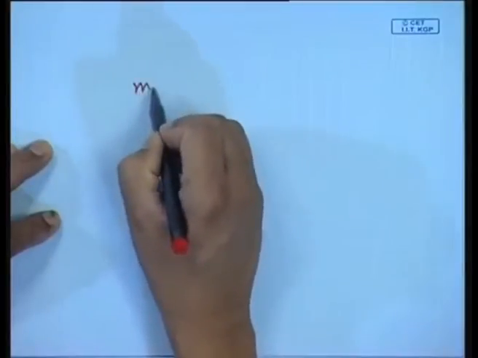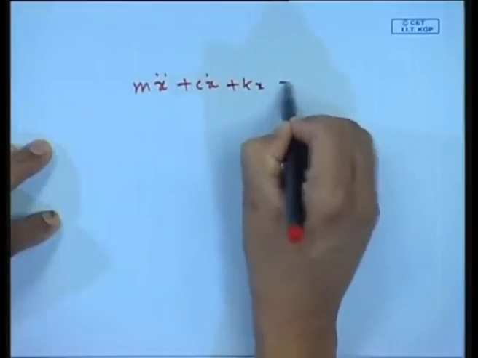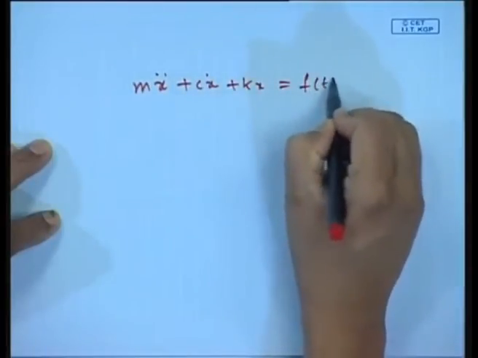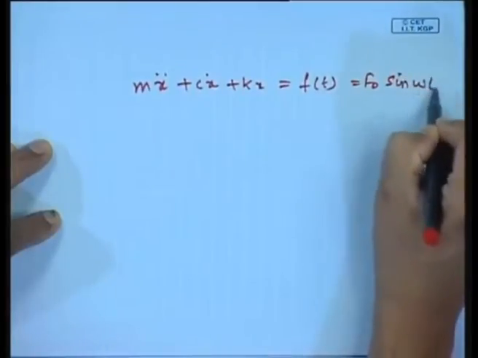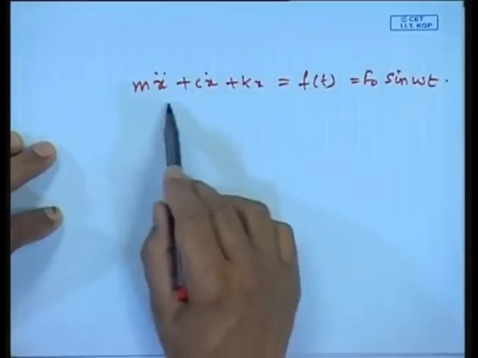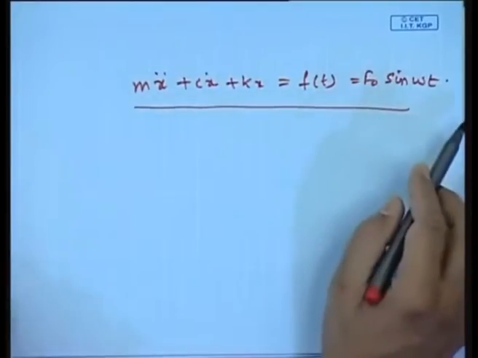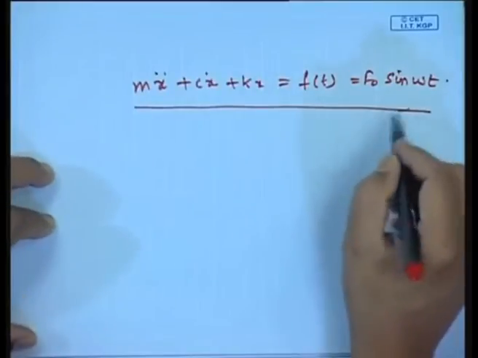So, this equation of motion is actually a second order differential equation. But I should tell you something more about this equation, in the sense there are certain terms which we can denote here.